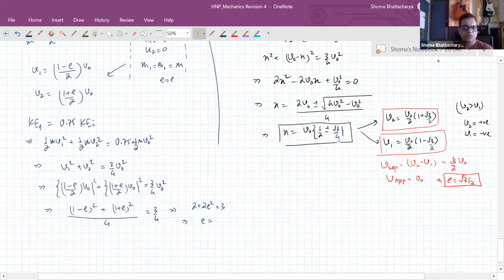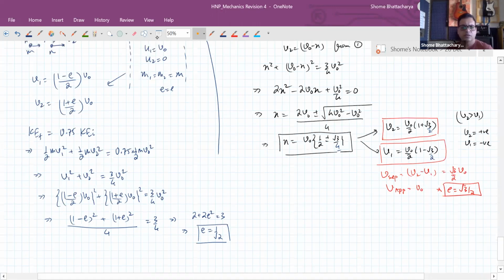Okay, I'll just check the solution there. So this appears to be giving us the value of E as 1 by root 2. So if E is 1 by root 2, we're getting a different E over here. Okay, I'll just have to check the numerical calculation.